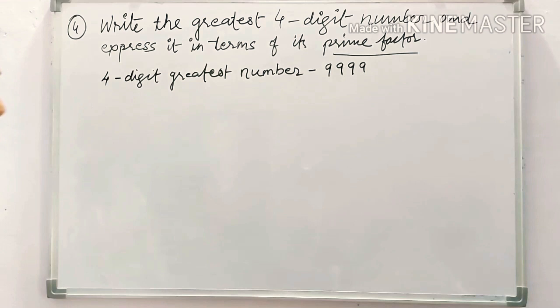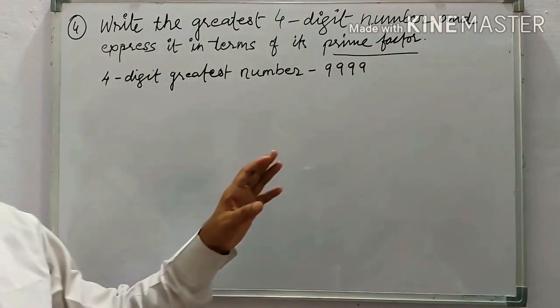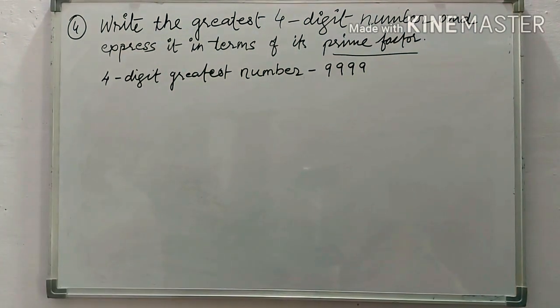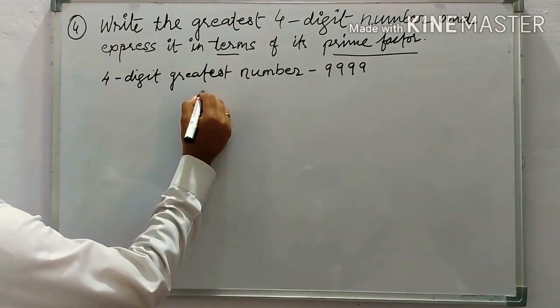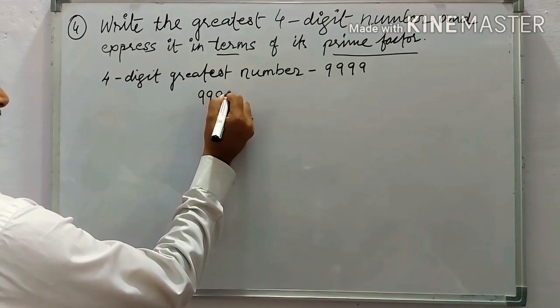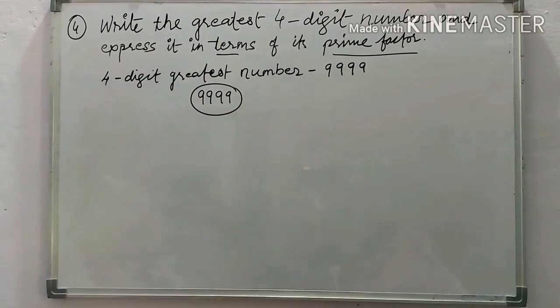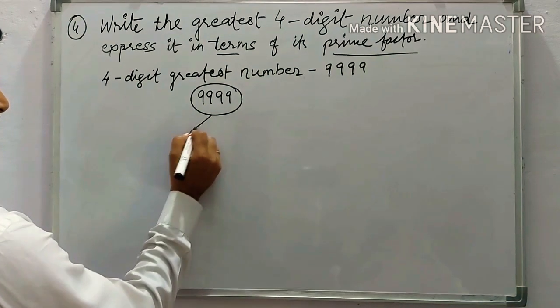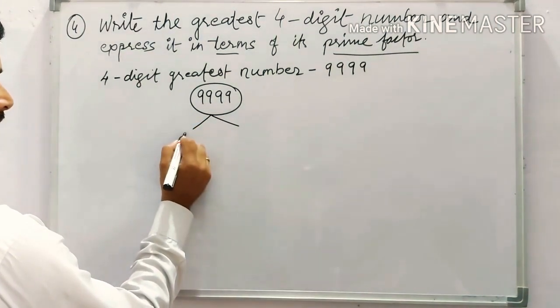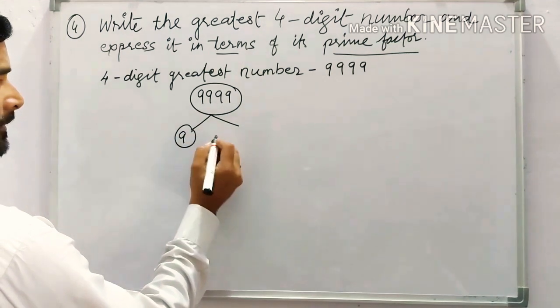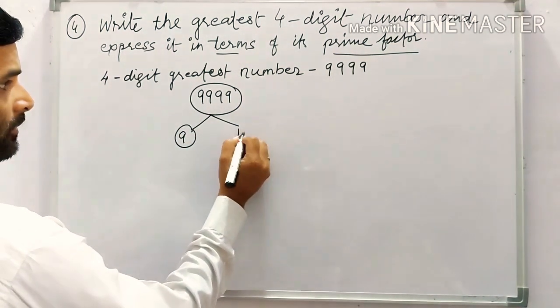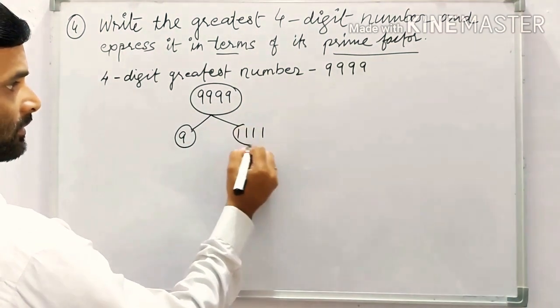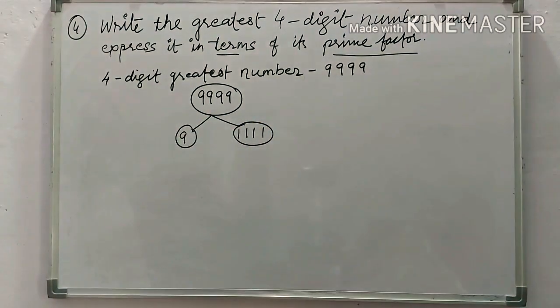How many times 9? 4 times. Write 9999 in terms of prime factors. So first you draw a factor tree. The first number is 9999, which is 9 into 1111. Okay, correct.